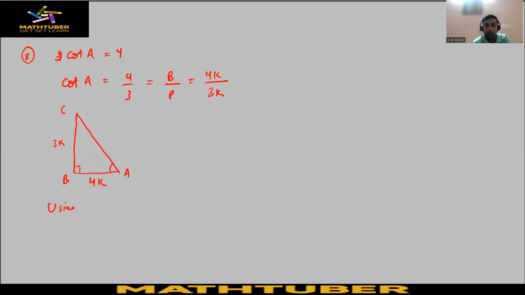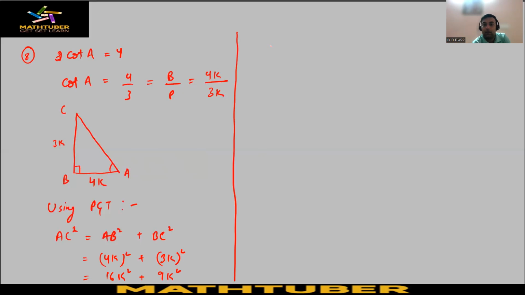And using Pythagoras theorem, AC square is equal to AB square plus BC square, and that will be equal to 4k square plus 3k square. And if we square them, it will be equal to 16k square plus 9k square. So AC square will be equal to 25k square. AC will be equal to 5k. So the hypotenuse becomes 5k here.